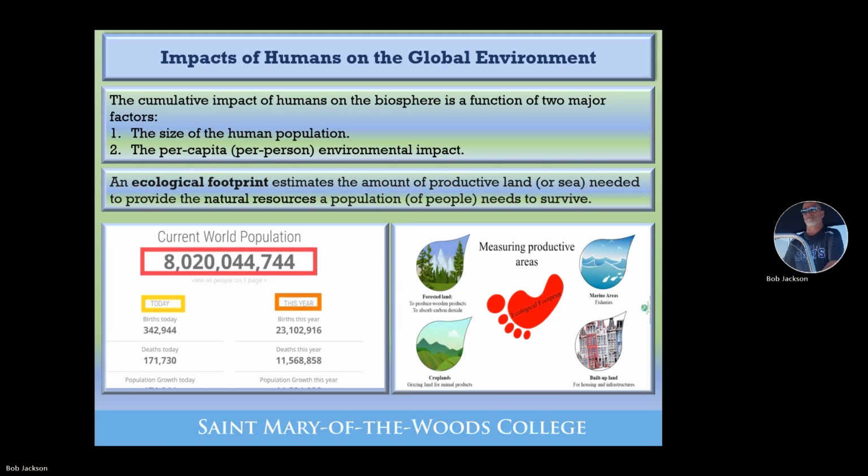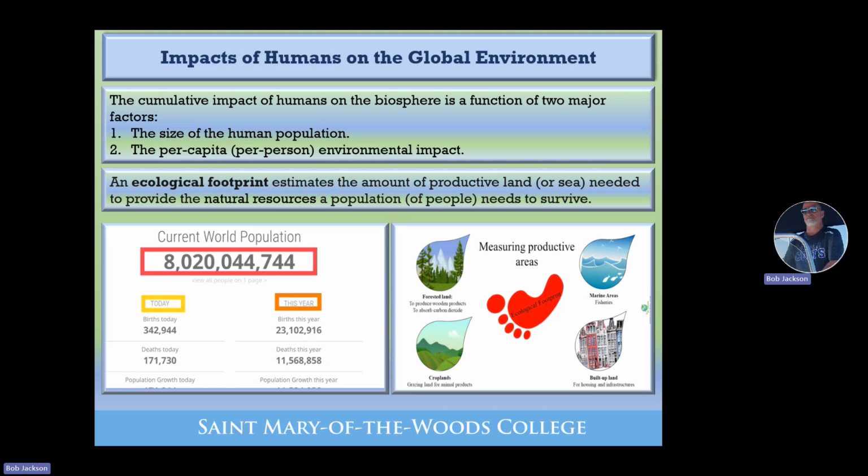Like the human population in southern Illinois doesn't have near the impact on the local environment as, say, the population in the Chicago suburbs or downtown Chicago. The size of the population, undoubtedly in those areas, upper third of Illinois, has huge impact.